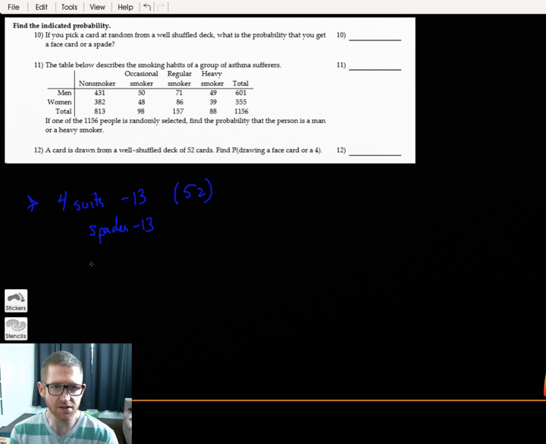Face cards are any cards with faces on them, so jacks, queens, and kings, and there are 4 of each.